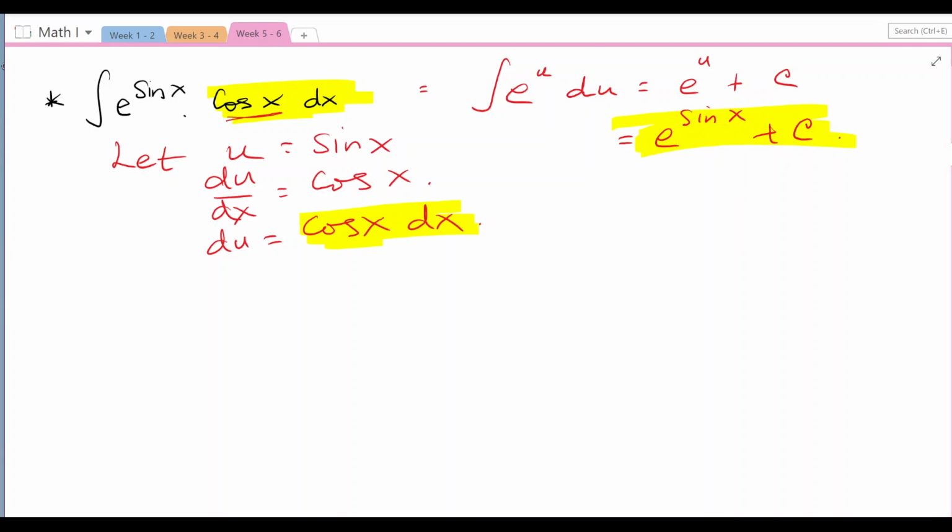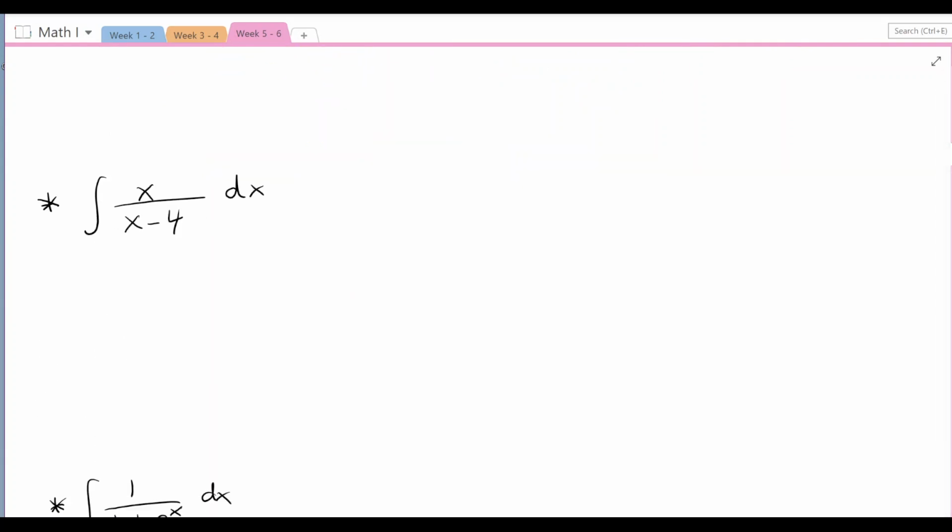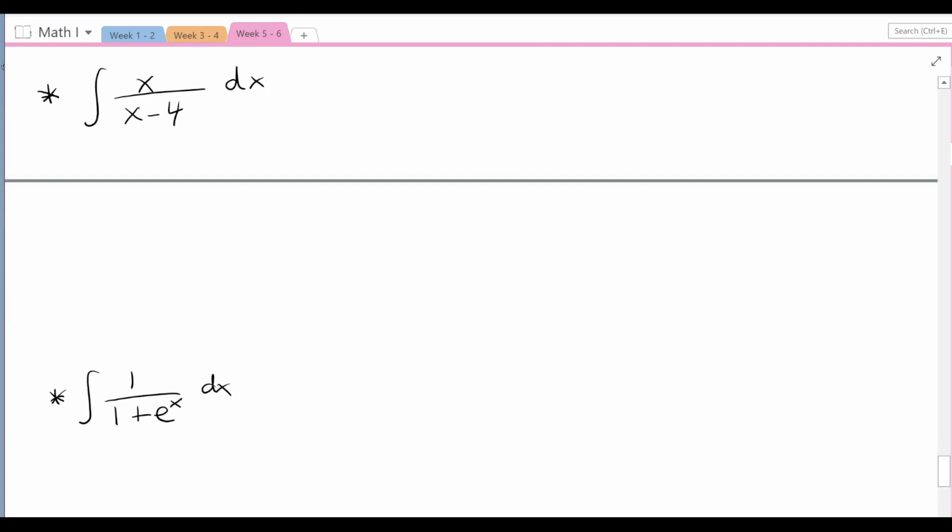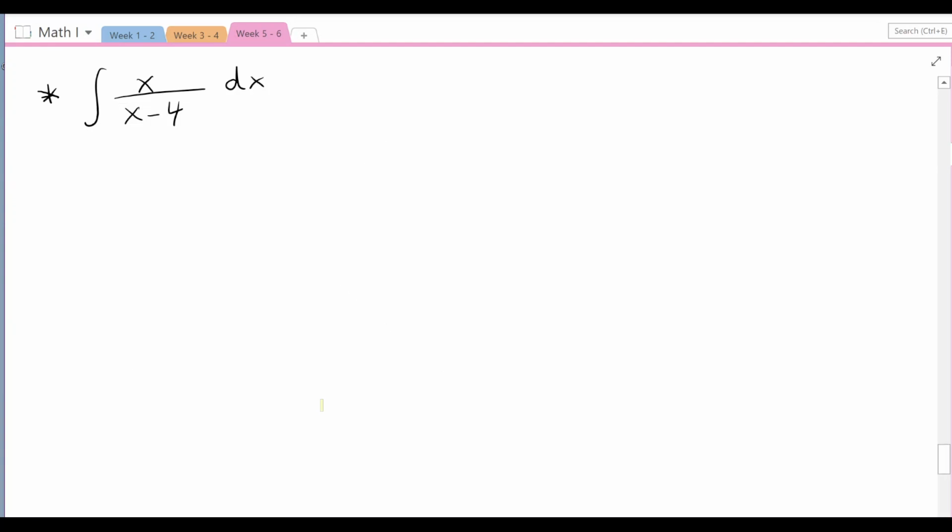Okay, and let's see a more complicated problem. The integral of x over x minus 4. Again, by doing u substitution, we just have to choose our u. I'm going to let u be x minus 4, because the derivative of u with respect to x equals 1, or du equals dx.